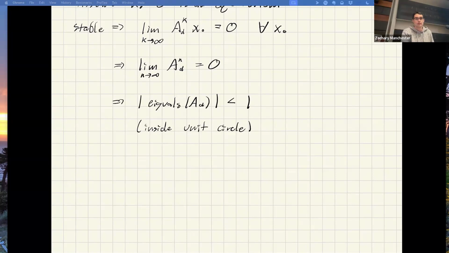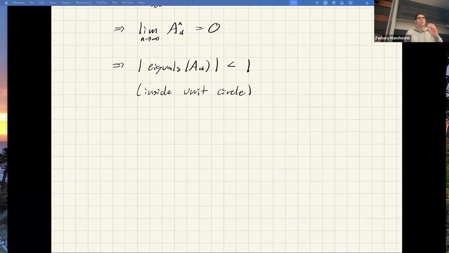Cool. Okay, so now we are going to do this for the pendulum with forward Euler, which is what we just simulated and saw was unstable, which is weird. So let's see what's going on there.